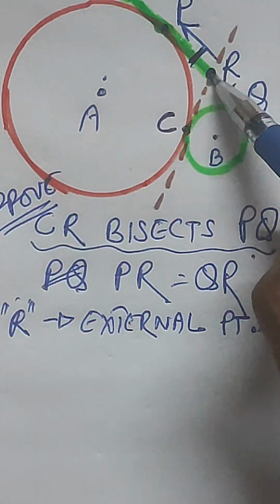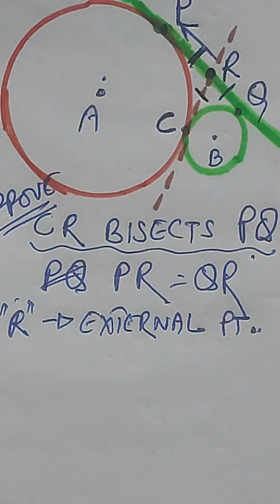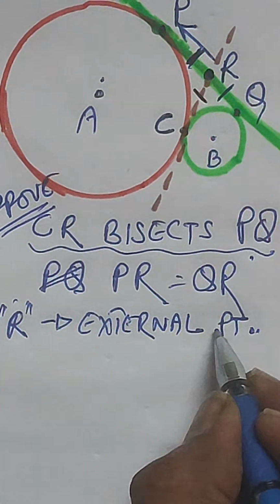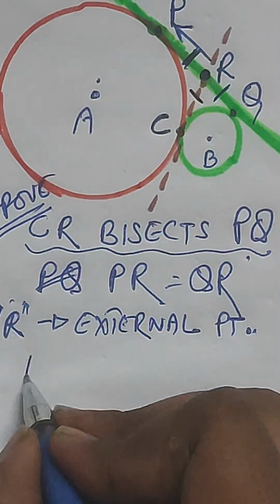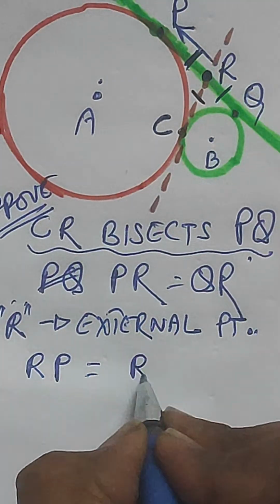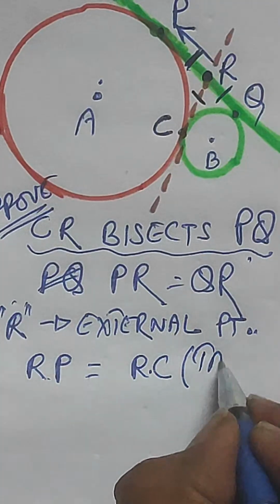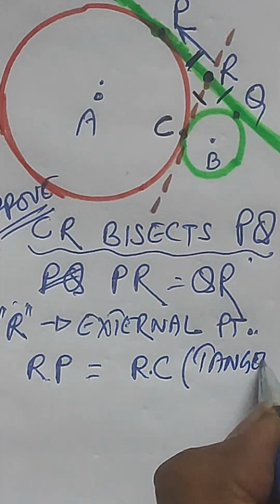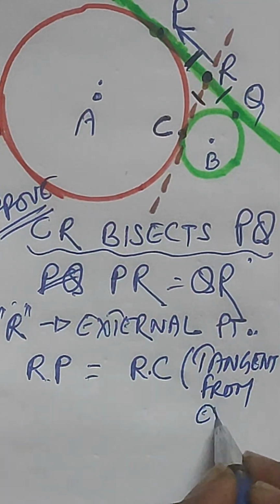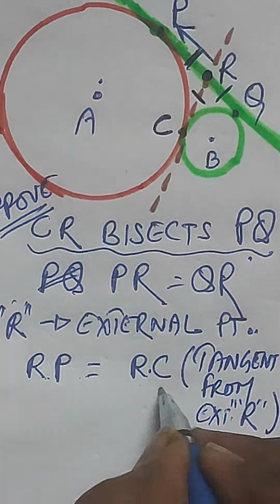So from this property we can say that PR equals CR, isn't it? R is the external point, from here two tangents are drawn, RP and RC, and the lengths of both will be equal, right? Tangents from external point R. That's why RP equals RC.